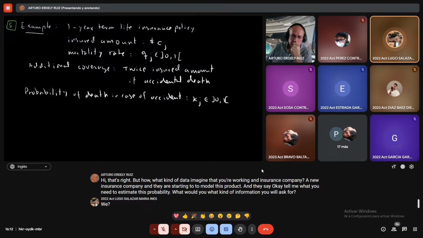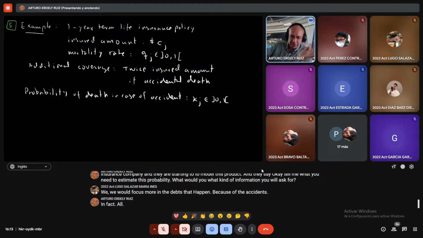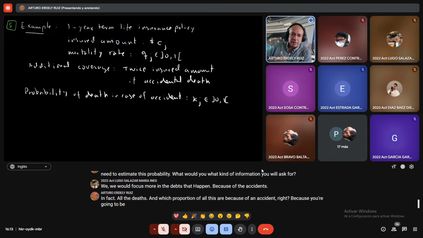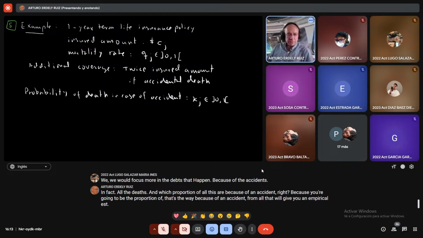We would focus more on the deaths that happen because of accidents. In fact, all the deaths, and which proportion of all deaths are because of an accident, right? It's just going to be the proportion of deaths that were because of an accident from all deaths that will give you an empirical estimation of the probability of dying in an accident.